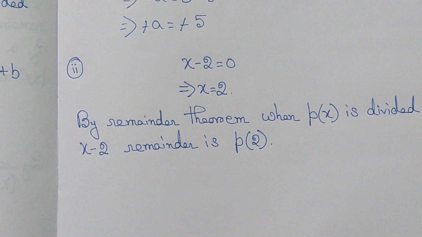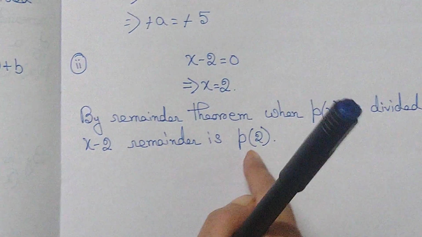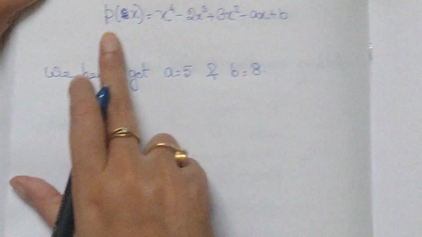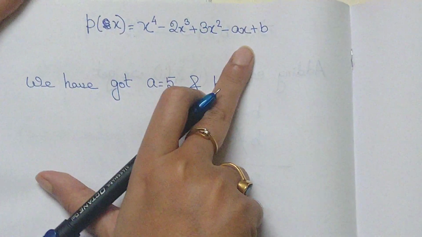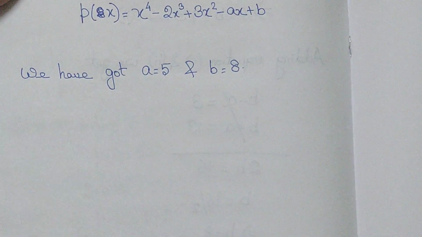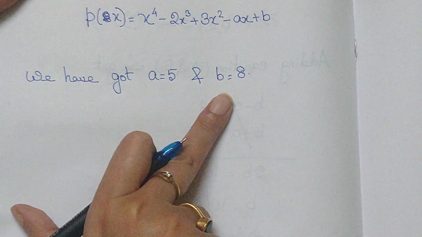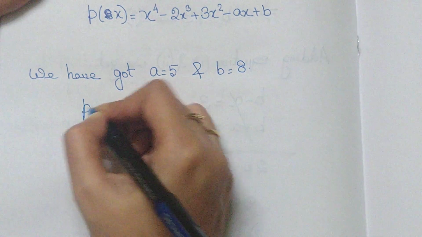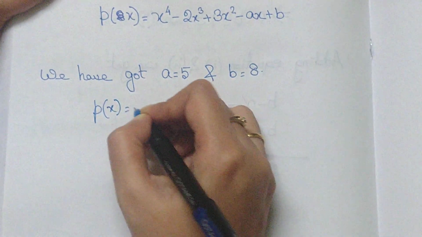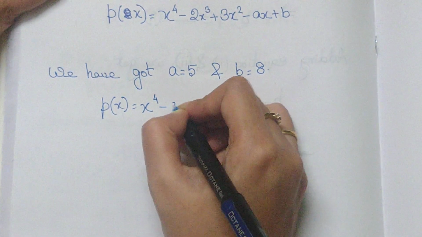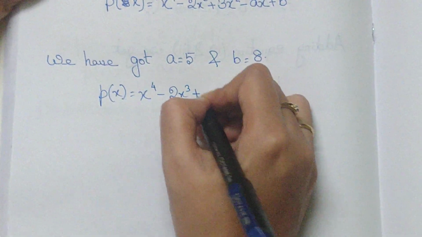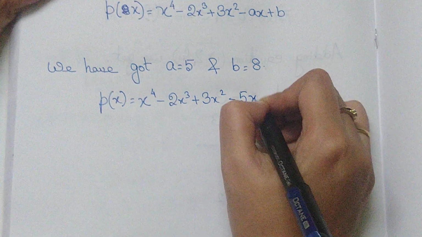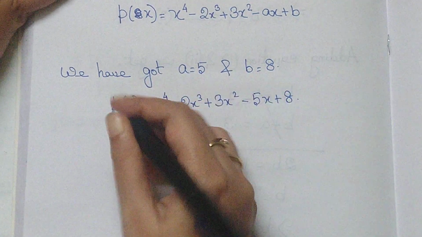That means now x will be substituted by 2. P(x) is given in the question, and previously I have solved a and b and got a equals 5 and b equals 8. So P(x) equals x to the power 4 minus 2x cube plus 3x square minus 5x plus 8.